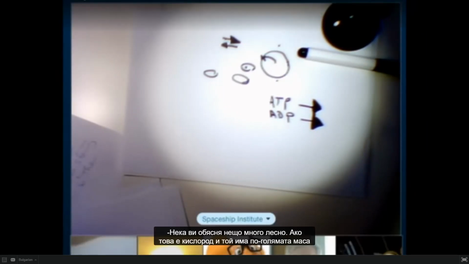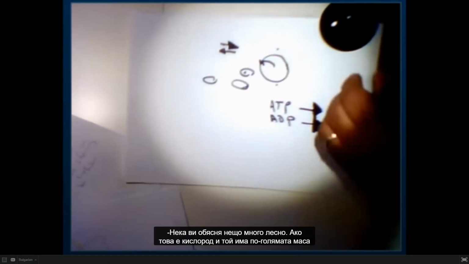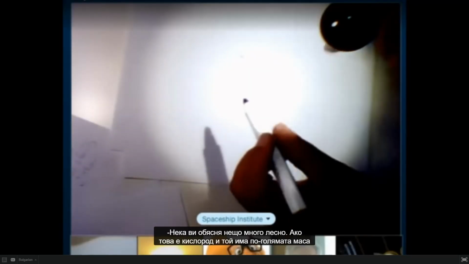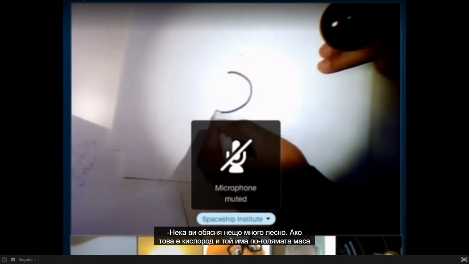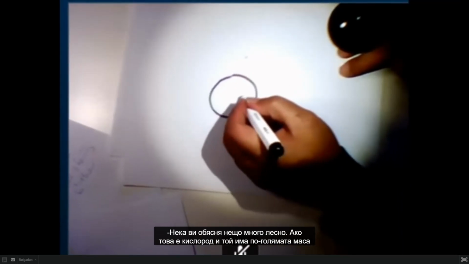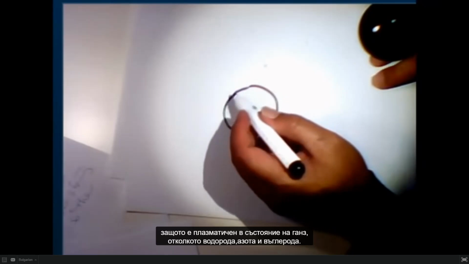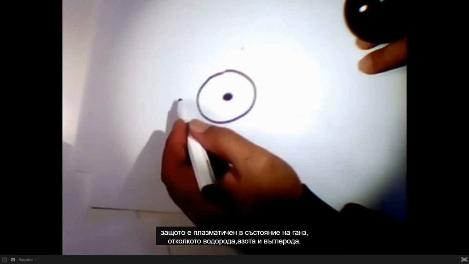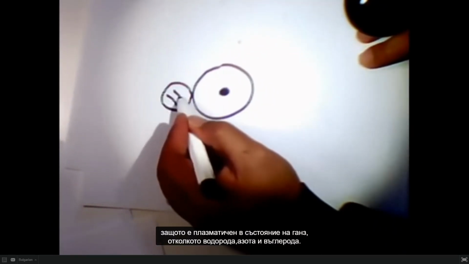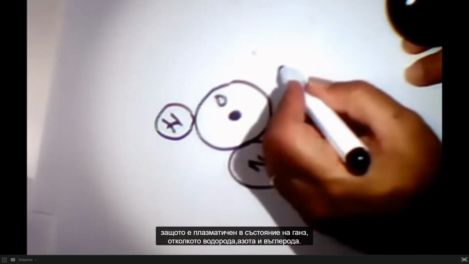Yeah, let me explain. Let me explain to you something very easy. If this is the oxygen, it has the bigger mass because of its plasmatic state than the hydrogen and the nitrogen and the carbon.